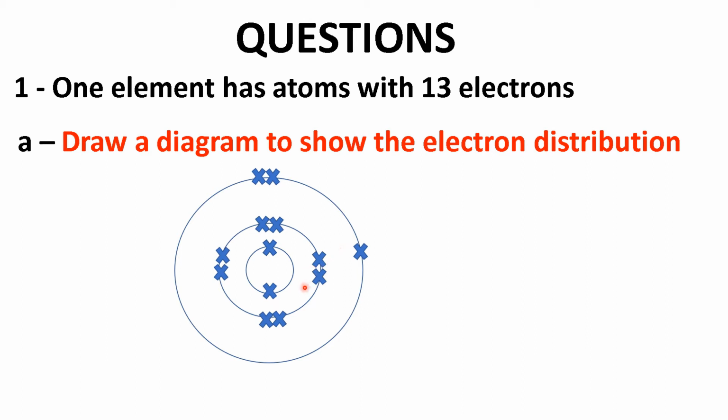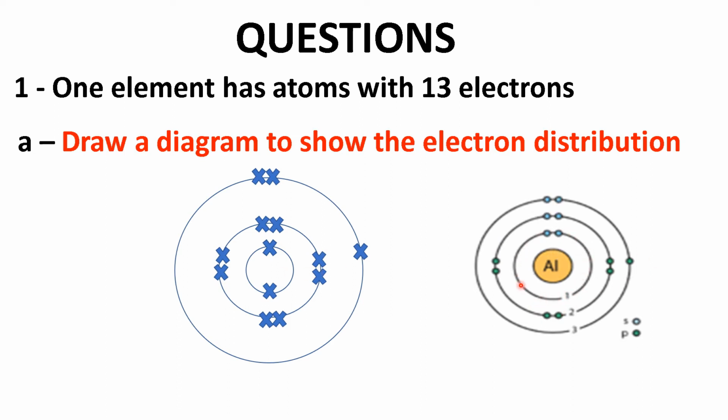So when we draw the first shell, we fill it with 2 electrons, and the second shell is filled with 8 electrons. We count 2 plus 8 equal 10. From 13 the remaining is 3 electrons, so we fill them in the outer shell, and these electrons are called the valency electrons.